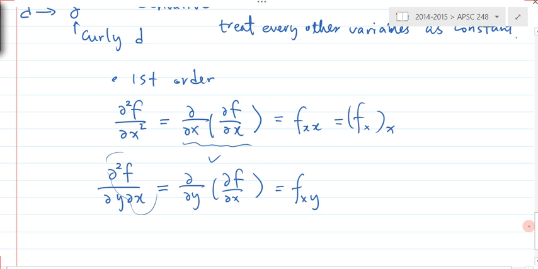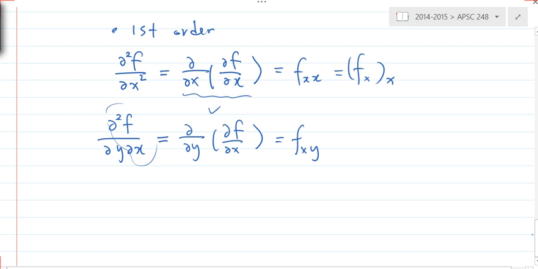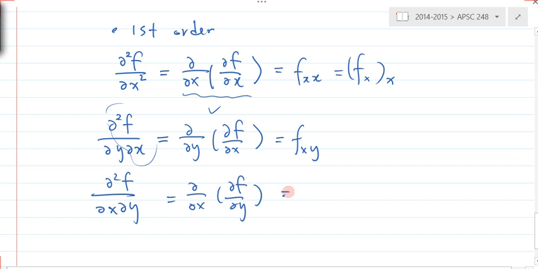I will show you in the next part that these two technically are not the same, but under certain situations they will be the same.